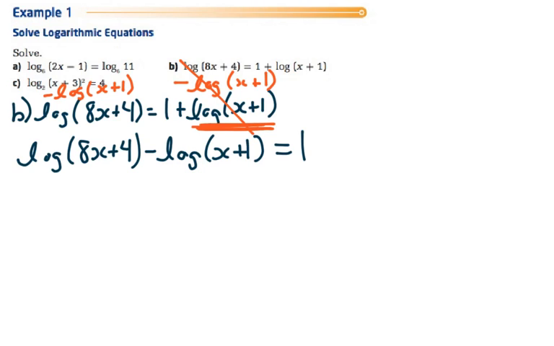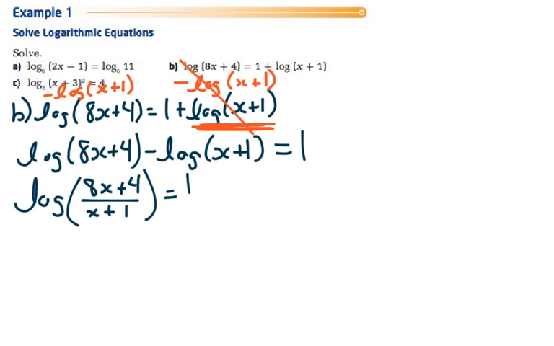However, doing this, now we have both of our logs on one side, they're subtracted, so we can go back and use the laws of logs to actually combine those two logs into one. We have two logs that are subtracted. When we combine them into a single log, it'll be one log of those functions divided. So log of (8x plus 4) over (x plus 1) equals 1.